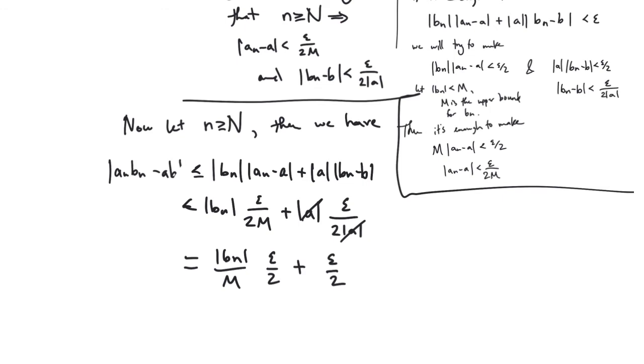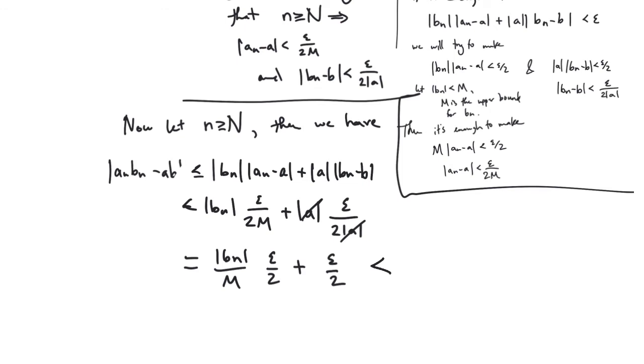Bn is less than m, right? That's the point of this m, is that m is an upper bound. That means this fraction, what can you say about it? If the m is bigger than the bn, it's less than 1, right?